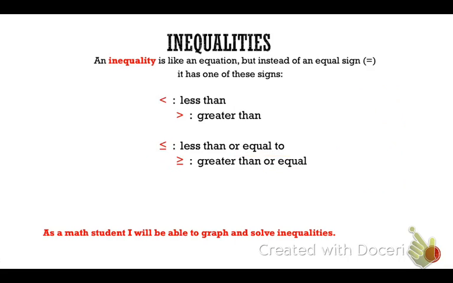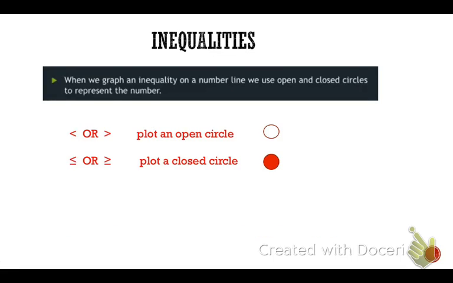Okay, so when we graph these, and I'm going to go over this many times so that you can see and hopefully understand it, because that's our goal by the end of the lesson. But when we graph these, if it's just the less than or the greater than sign, no bottom line, we are going to plot an open circle.